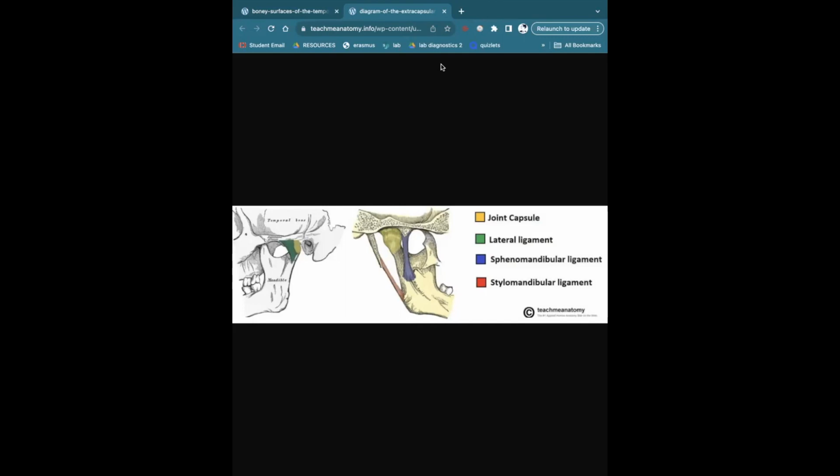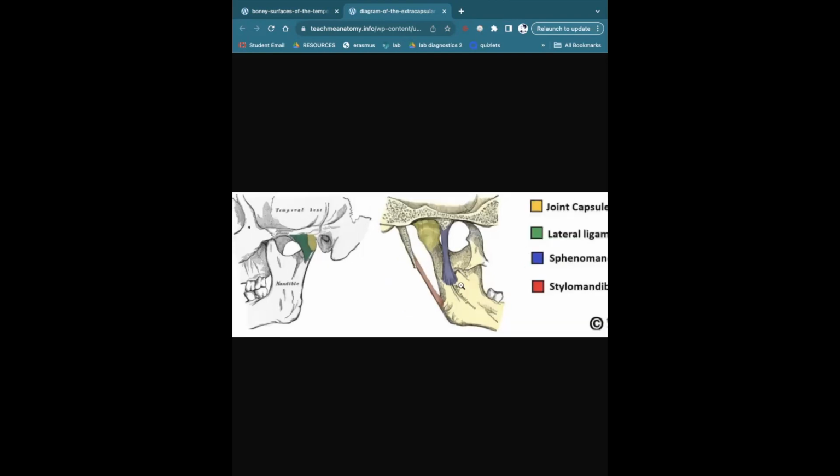The lateral ligament runs from the articular tubercle to the mandibular neck.